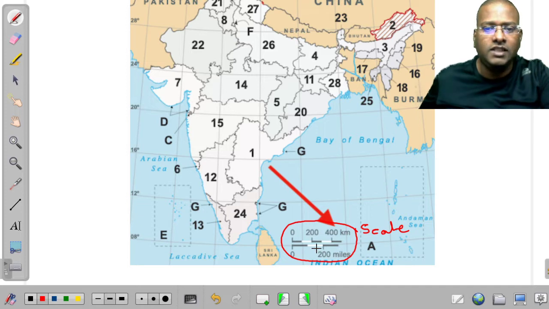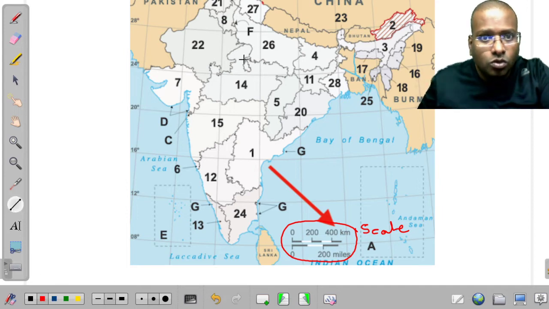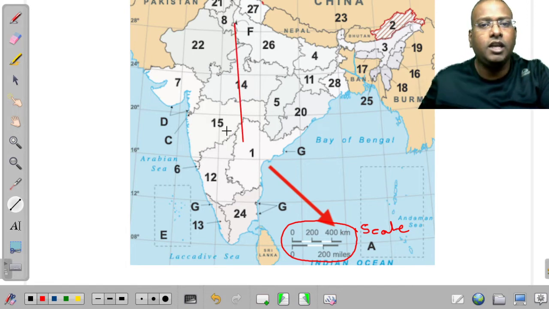With the help of this scale I can measure the distance between Delhi and Hyderabad, for example. I am going to show it with the help of a line, drawing it to measure the aerial distance. This is the point for Delhi, and Hyderabad is around here. Therefore this is the length from Delhi to Hyderabad.